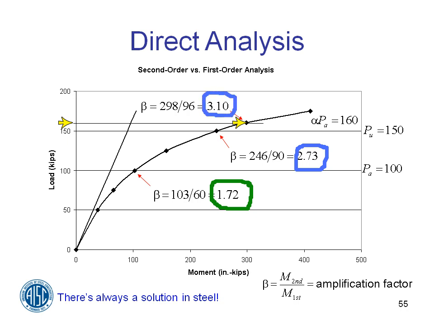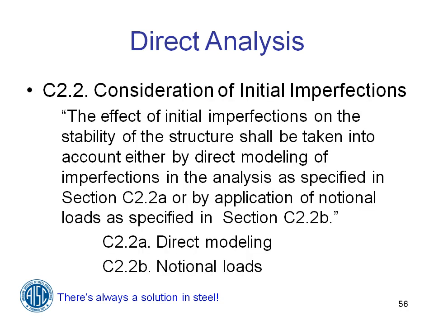Now this little structure is a very specific structure that has large second order effects, and so the difference you see is fairly substantial here. It's not always that substantially different between the 1.6 ASD and the LRFD. So that's where the alpha of 1.6 comes from.